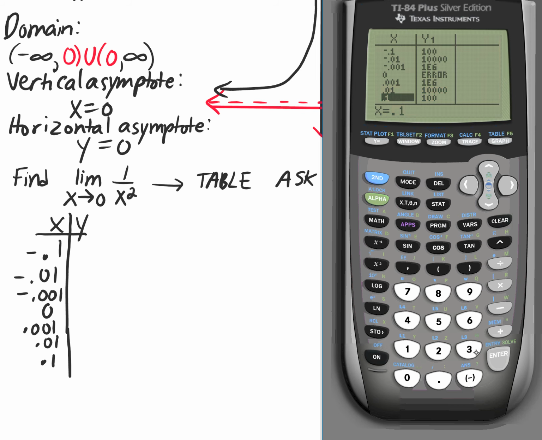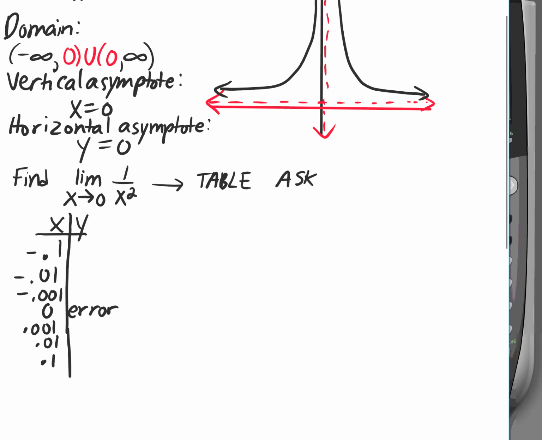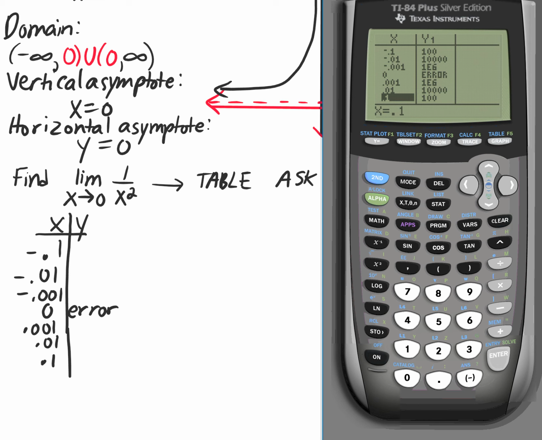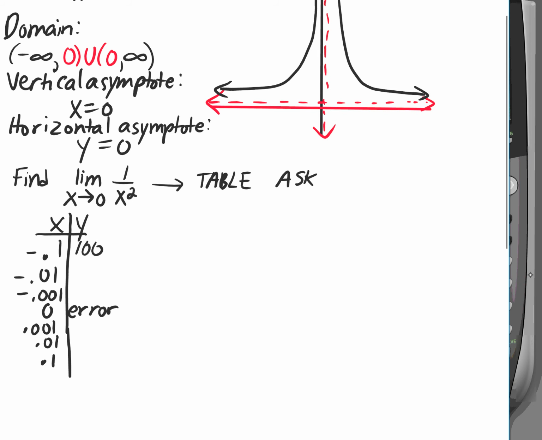Okay, so we're seeing the error message happening at 0, which we know is our vertical asymptote. And then we're seeing 100, 10,000, and 1e to the 6, which really just means that we have the 6 zeros after. So what's happening is on both sides, we are getting bigger and bigger and going towards the same direction.